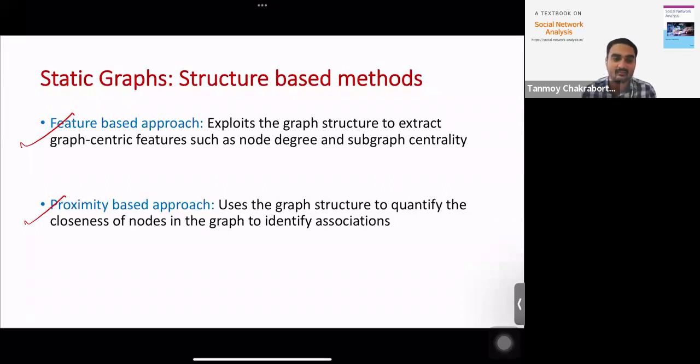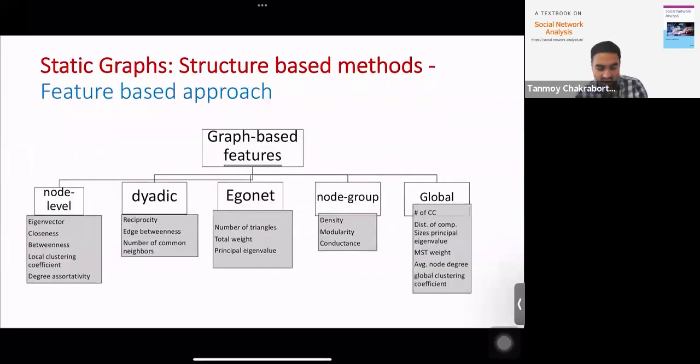But it is also important that those pairs of nodes should not be very far from each other, because if they are very far from each other, automatically their proximity will reduce. But that doesn't mean that those nodes are anomalous nodes. We'll talk about some of these approaches later.